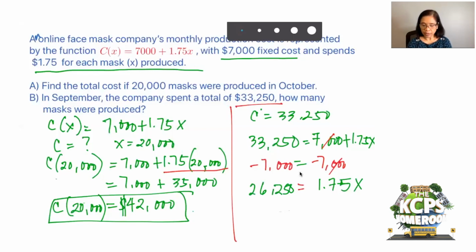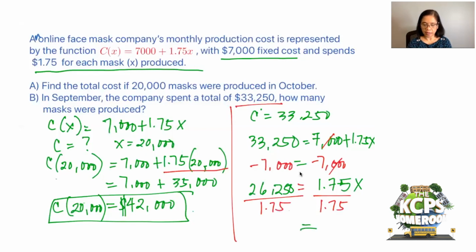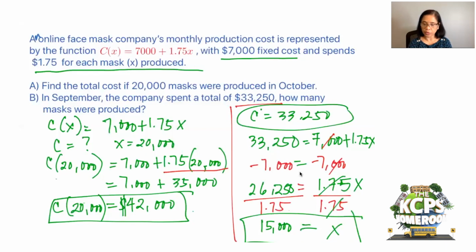By inverse operations, we solve for x by dividing both sides by 1.75. And this gives us now x is equal to 15,000. So this will be the number of masks that will be produced if the company spent 33,250.